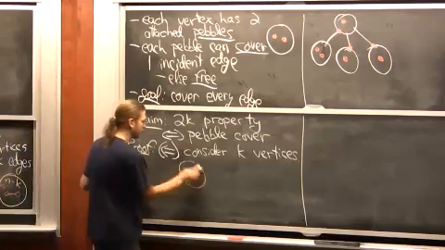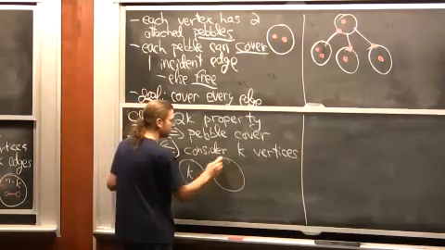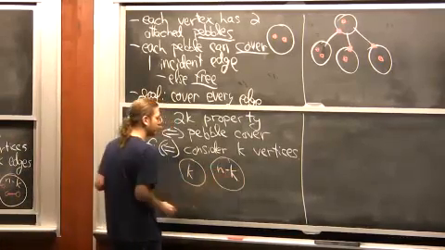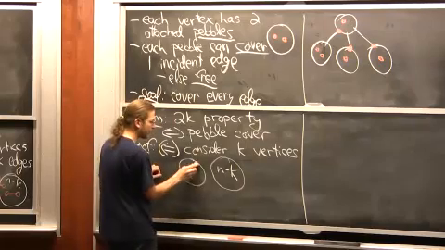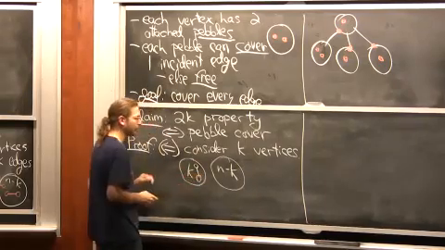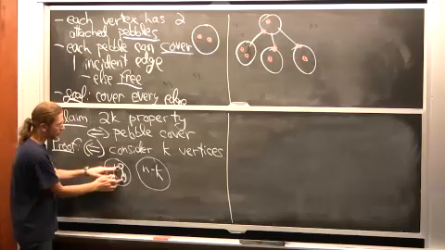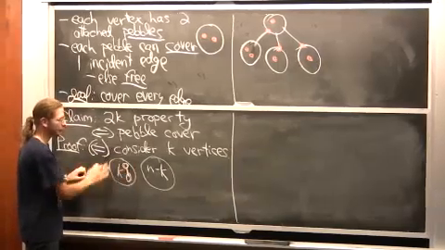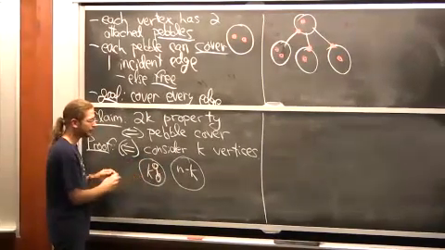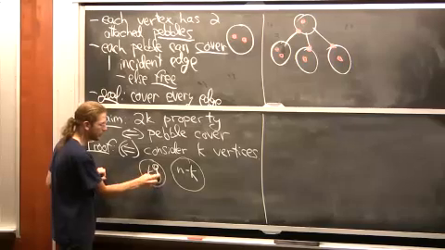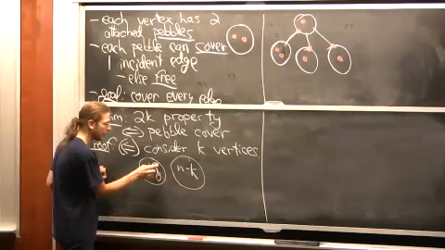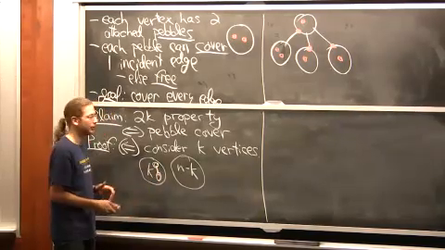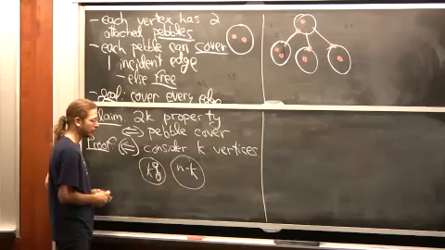So we've got K vertices here, n minus K vertices remaining. We claim that the number of edges induced by those K vertices is at most 2K. So look at one of these edges that's wholly inside, that's induced by these K vertices. I claim that edge must be covered by a pebble. Which pebble?